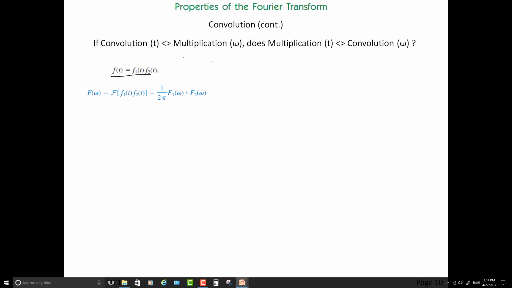If I go ahead and just take the Fourier transform of that, that's the Fourier of the product. And we've already been down this road. It's 1 over 2 pi times the Fourier of the first convolved with the Fourier of the second.